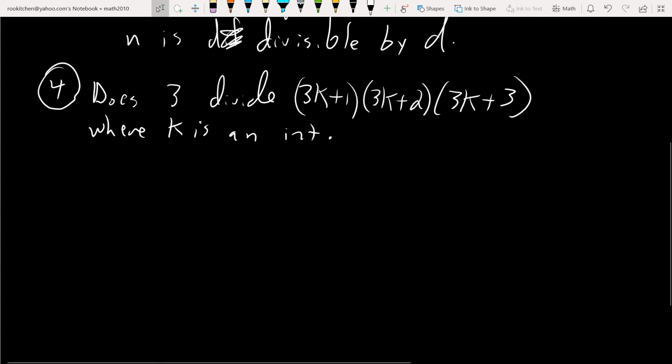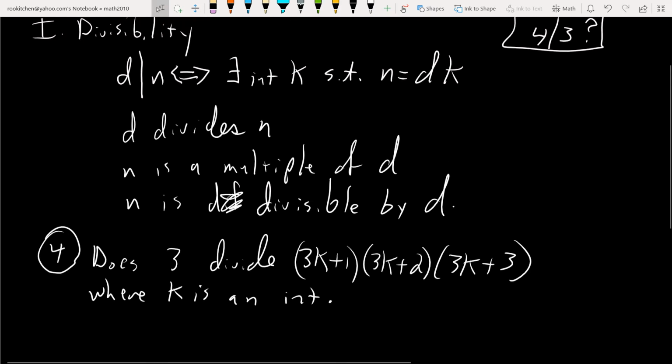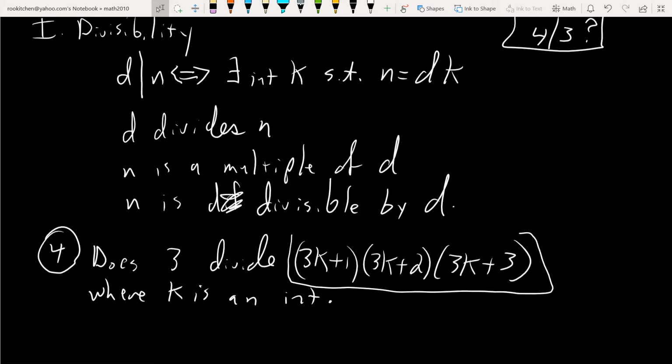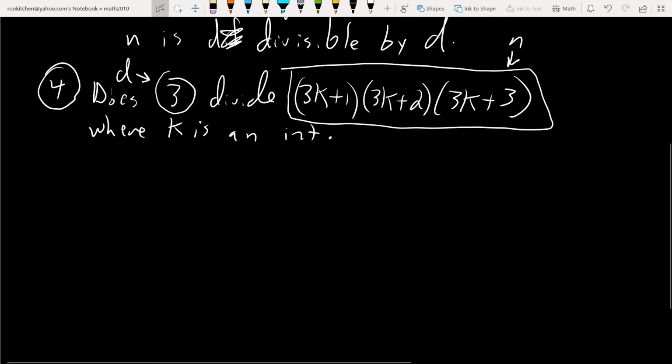By the definition of divisibility, this big long object is the n part, and we're trying to rewrite it with the divisor, 3, times something. So this is our n, and this is the d. Unfortunately, we have a new k being thrown into the mix.